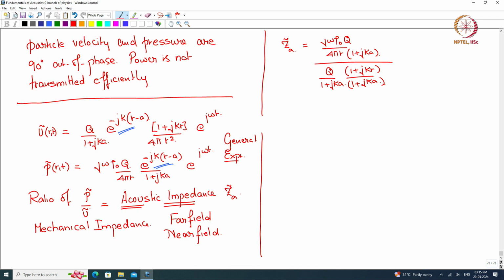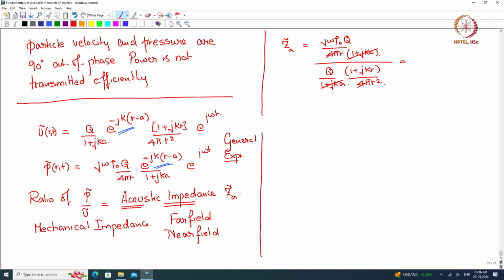Hope all is correct. So, this goes away. Oh, there is something wrong, hold on. 1 plus j k a by 4 pi r square. Okay. So, this j k, 1 plus j k goes with that, and then 4 pi goes with 4 pi.